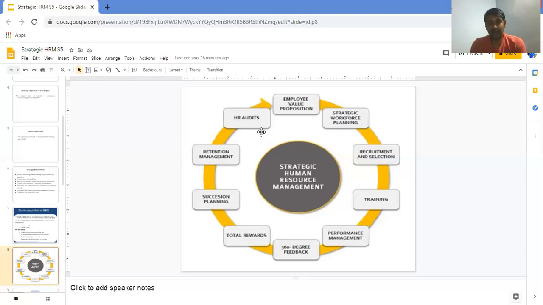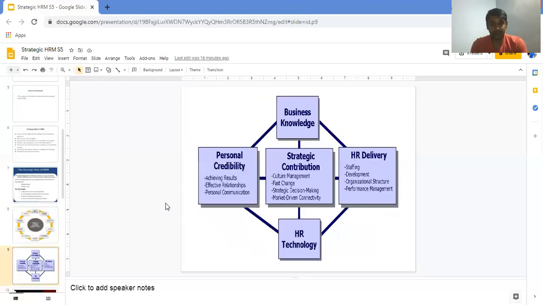What are the different activities or roles performed by a human resource manager in an organization? The same thing has been explained in this particular slide as well. There are four parameters linked with the HR role: business knowledge, personal credibility, HR technology, followed by HR delivery.